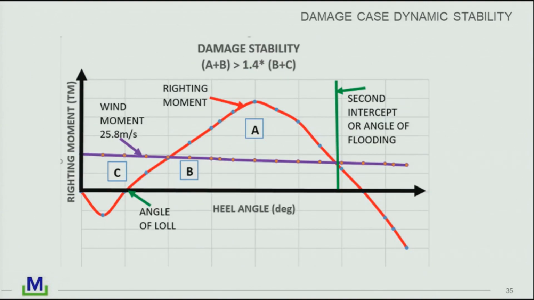For our dynamic stability case, we're trying to limit this angle of roll to less than 10 degrees. But again, we're looking for 40% area under the GZ curve compared to the wind moment curve. But this was with a reduced wind speed of 25 meters per second.